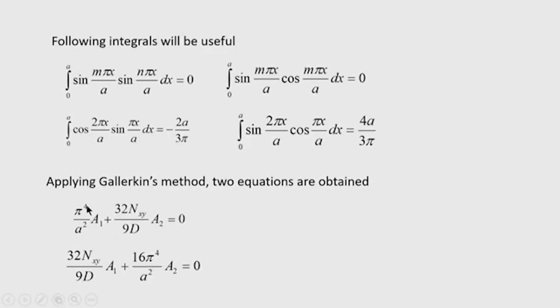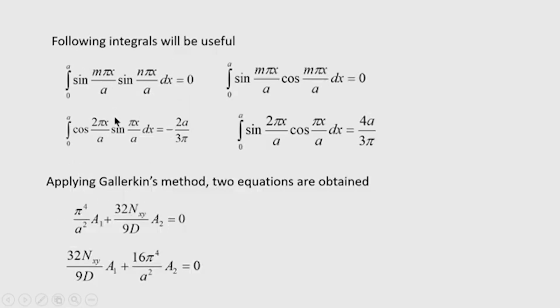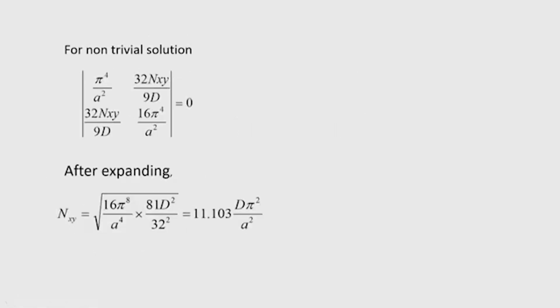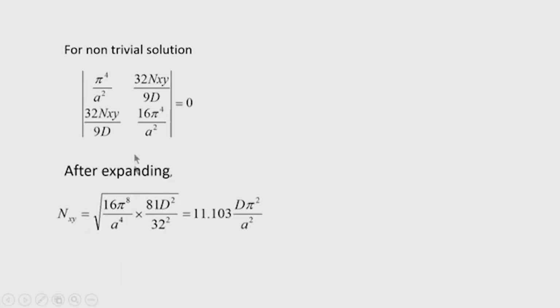For a non-trivial solution, we take the determinant formed by the coefficients of these equations to be 0. The coefficient with a1 will be in the first row, first column of the determinant, pi to the power 4 a square. Then the second coefficient in the first row, second column, is 32 Nxy 9d.